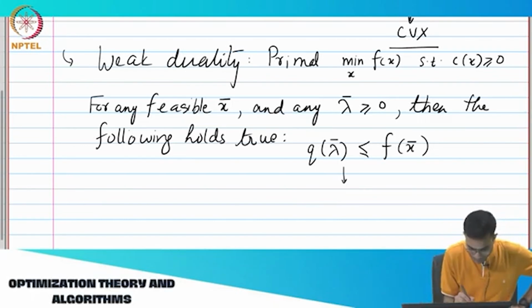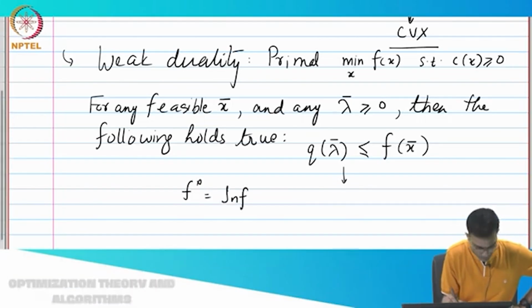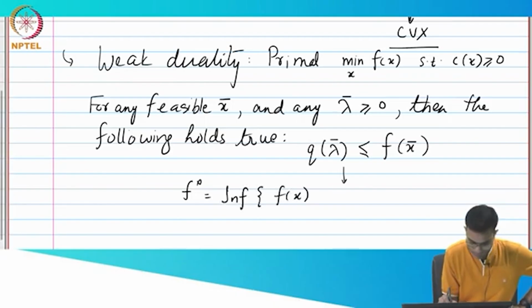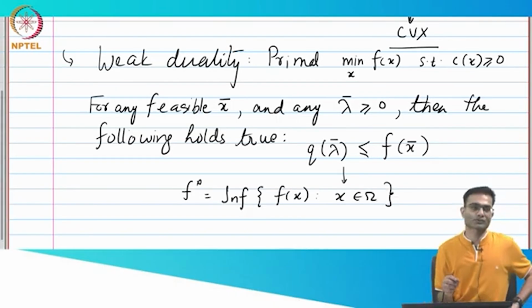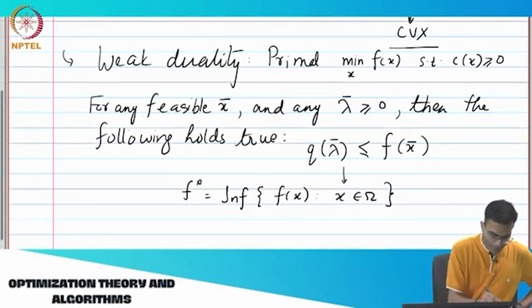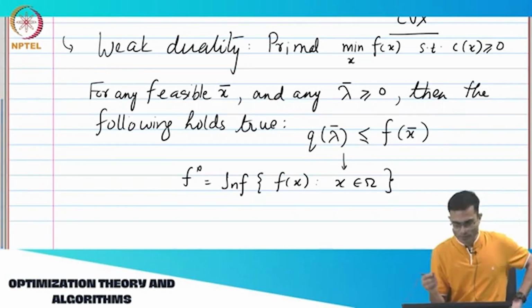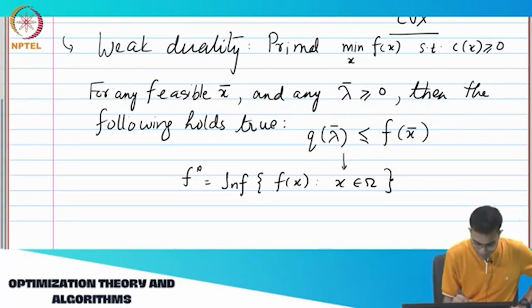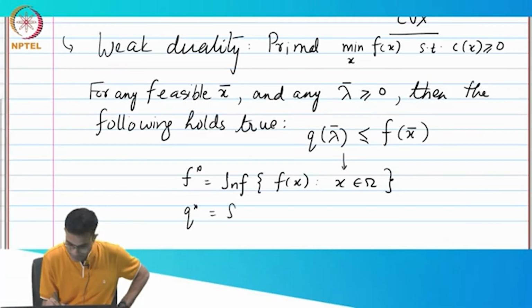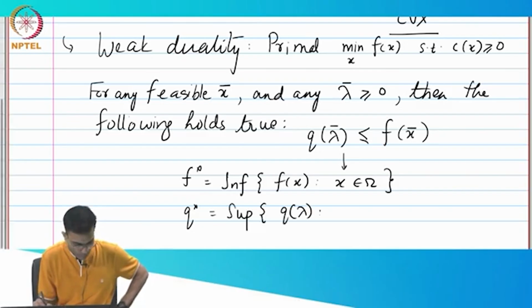So let us define f star as the infimum of f of x such that x belongs to the constraint set. Instead of infimum, you can also just think of it as a minimum. And we'll write q star as the supremum of q of lambda over lambda greater than or equal to 0.